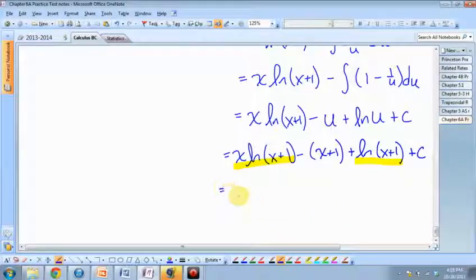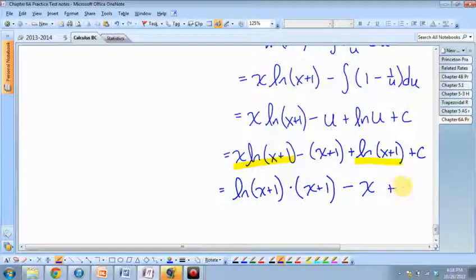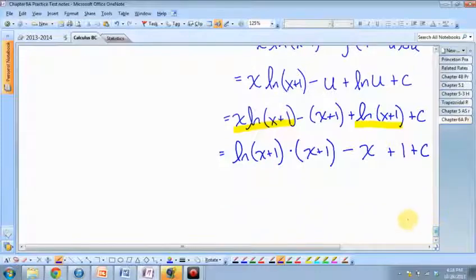So this is equal to the natural log of x plus 1 times x plus 1, minus x plus 1, plus c. Will it become minus x minus 1? Yeah, minus 1.